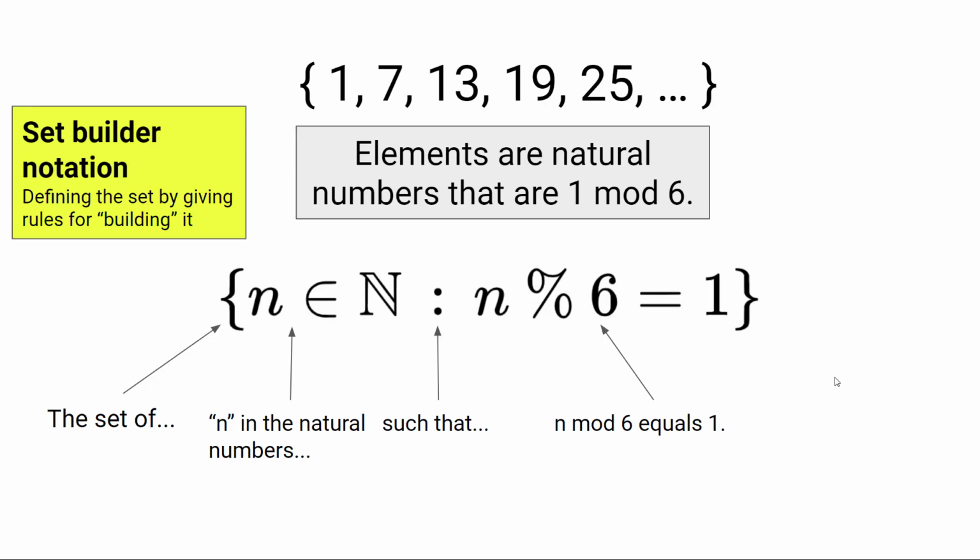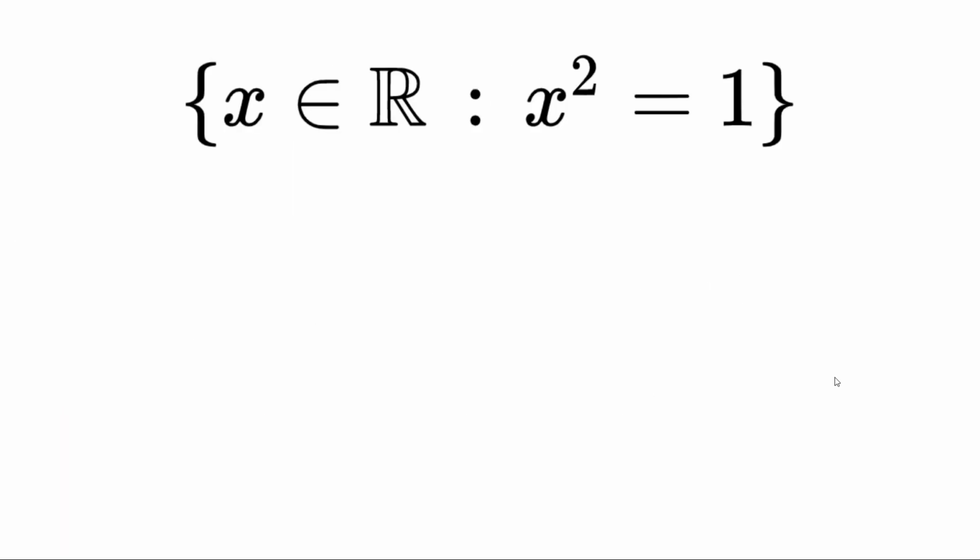What we're doing here is starting with an initial set, all natural numbers, and then using a predicate to filter out all but the elements that we want to keep. We first list the variable and its domain, and then after the colon, we list the predicate that filters out elements. Here's another example of set builder notation, the set of all real numbers such that x squared equals 1.